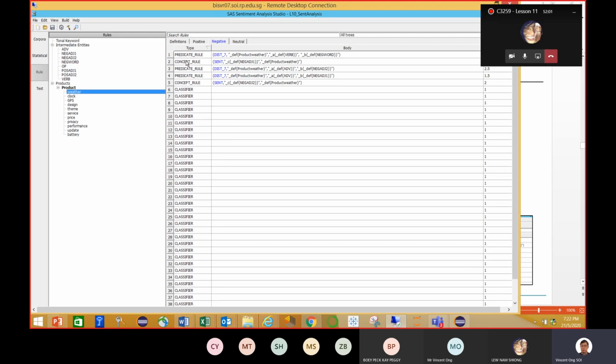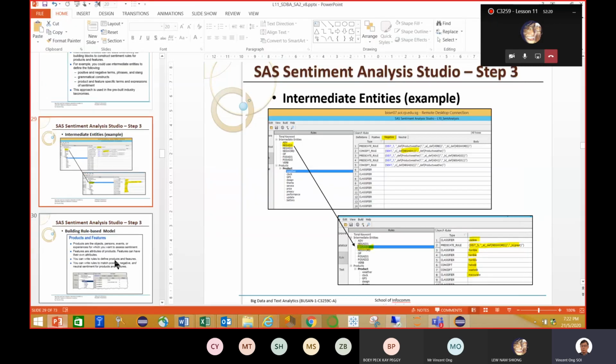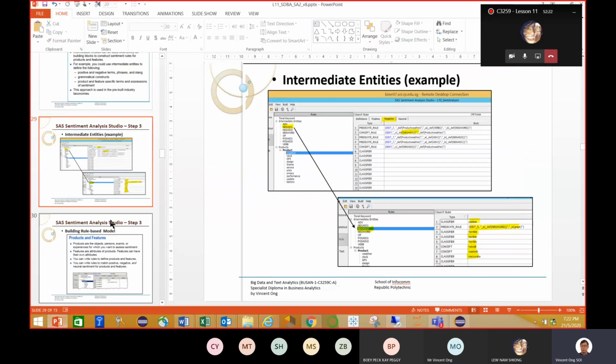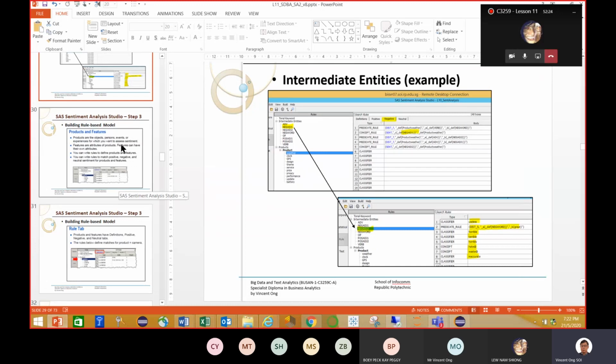I could put all these words here, but it's going to be very messy. So I put them under a reference and then put this reference as an intermediate entity. You understand what I'm trying to say?